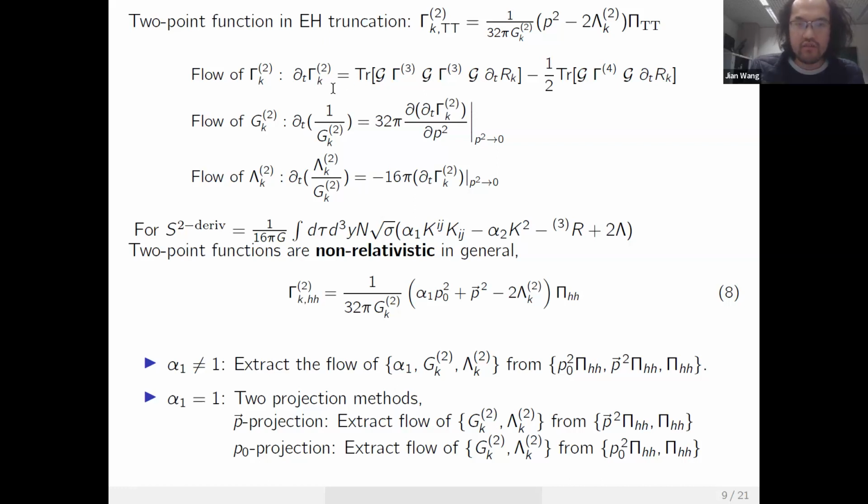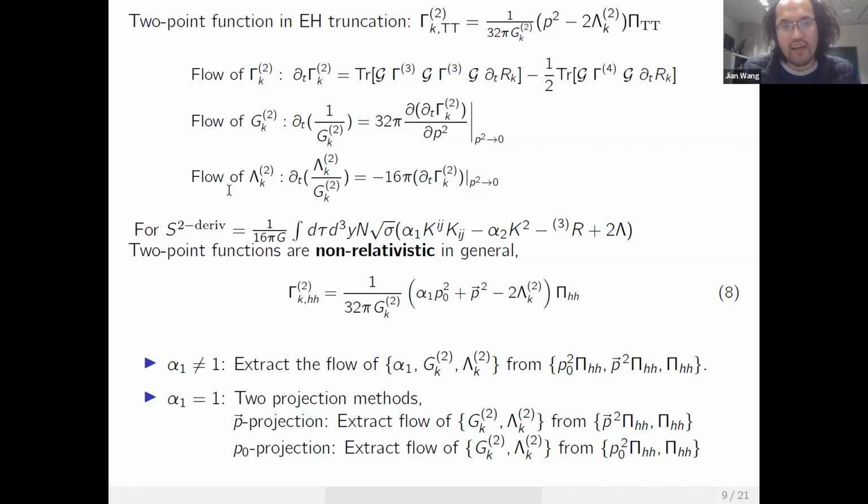Now, if we want to extract the RG flow, or the beta function, of the Newton coupling, we need to project onto the terms linear in p squared on both sides of this equation. If we only care about the term linear in p squared, we will just get this coefficient. Then we will read off the beta function of G2.